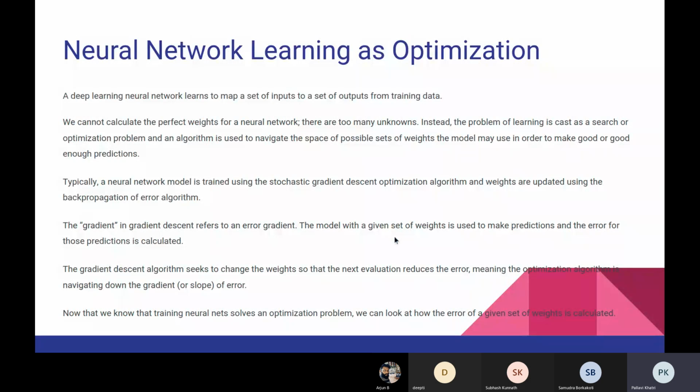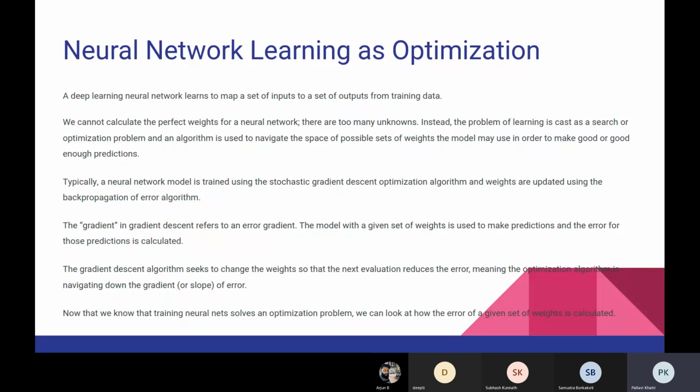Now, the gradient in gradient descent refers to the error gradient. In normal terms, a gradient means the difference between something, so here it refers to the error gradient. The model with a given set of weights is used to make predictions, and the error for those predictions is calculated.